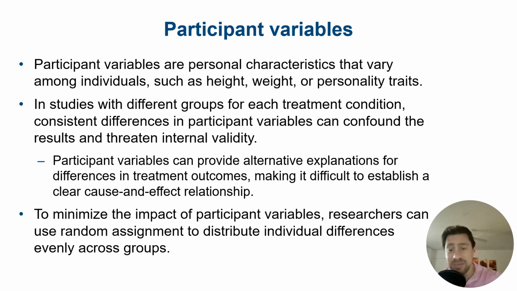Well, obviously, this is a big problem because that group may do much better, not because of the music, but because the people in that group have the necessary experience for solving those types of problems. And of course, this is a serious confound. Of course, it creates ambiguity as to the cause of your findings.